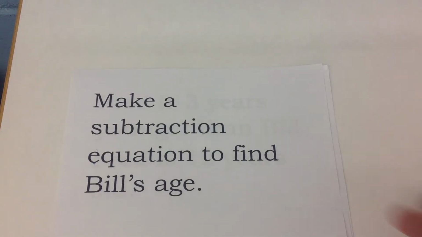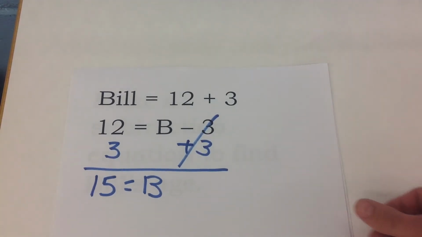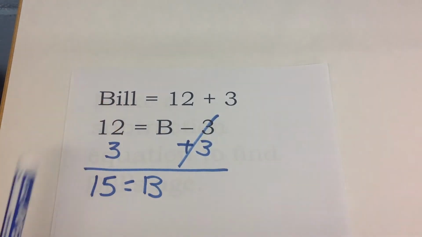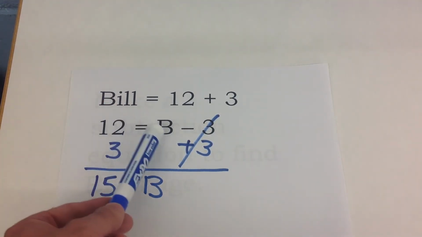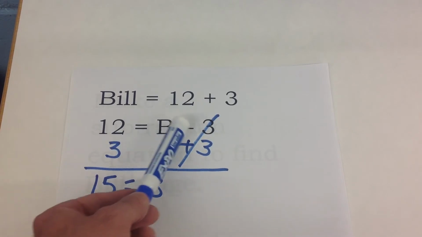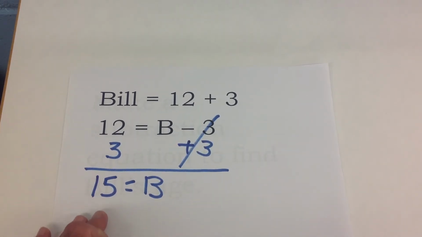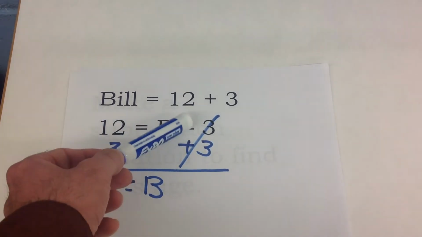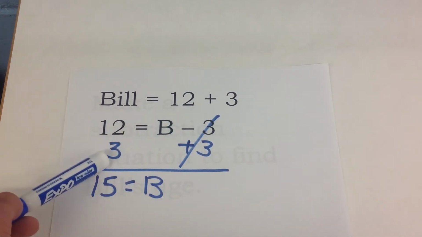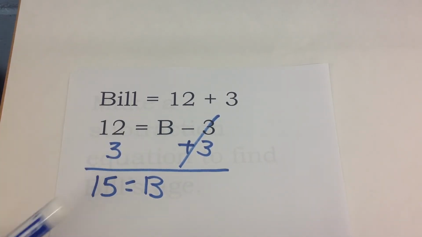So how can we make a subtraction equation? Well, we know that Bill equals 12 plus 3 because he's 3 years older, but that's not subtraction. So we know that Fred is 12 and Bill's age minus 3 will give us Fred's age. So we just have a minus 3, so we plus 3 on both sides, and b equals 15.